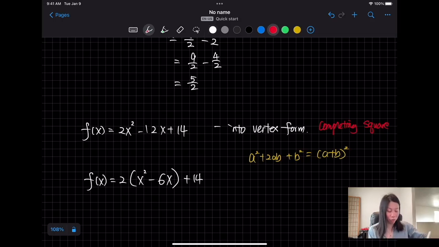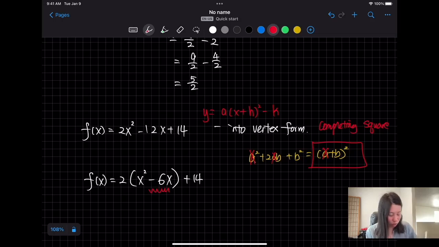What does vertex form look like? A vertex form looks like a times (x minus h) squared plus k. So that means we need to write something as (x minus something) squared, which is here. We need this to be a something that is a perfect square. So now, what is this?